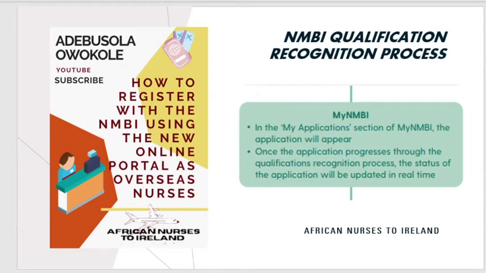Then, in the NMBI qualification recognition process, the next thing after payment is that on the left hand side of the portal, after you've logged in, in the my application section, your application will appear. After your application has progressed through the qualification recognition process, the status of your application is going to be updated in real time, so you know what's happening to your application and what you need to do next.